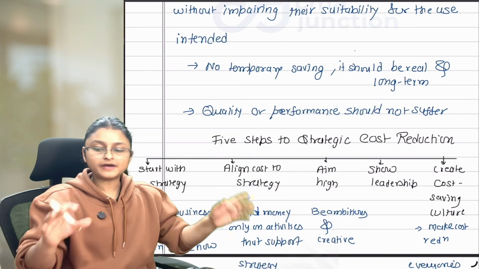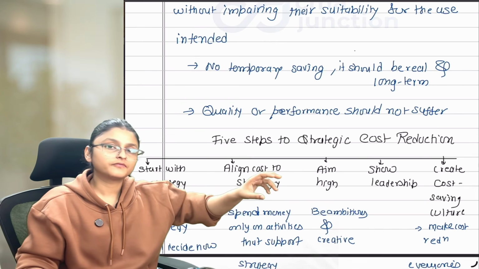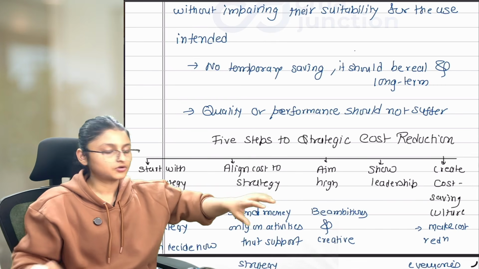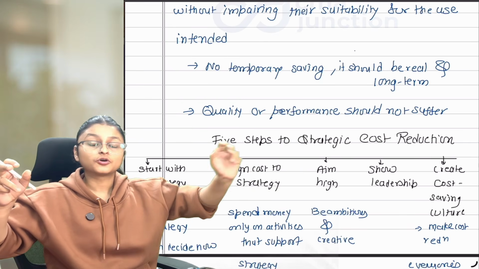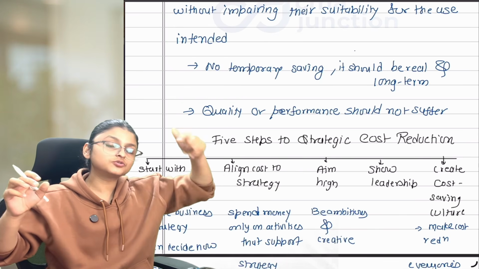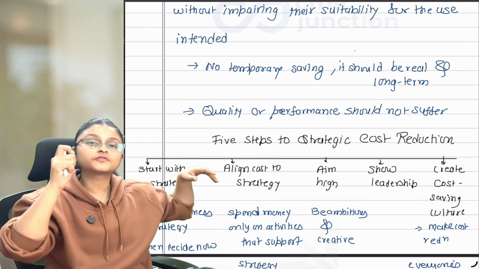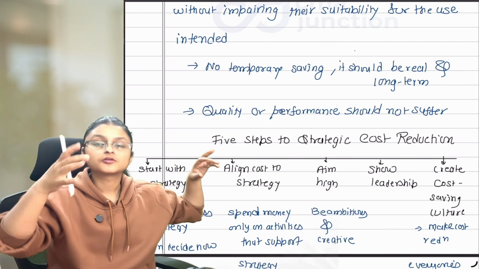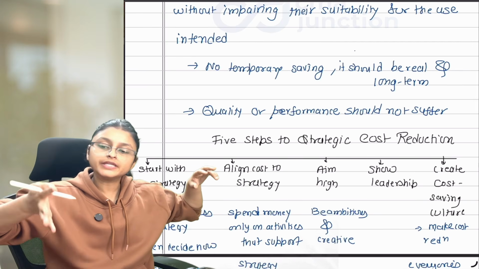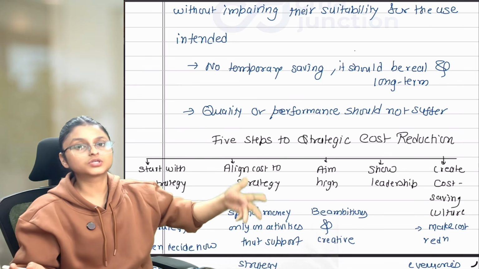You can divide your cost on the basis of whether this cost is good or bad. Good cost is the one which is necessary to support your strategy, and bad cost is unnecessary or wasteful cost which we are incurring.